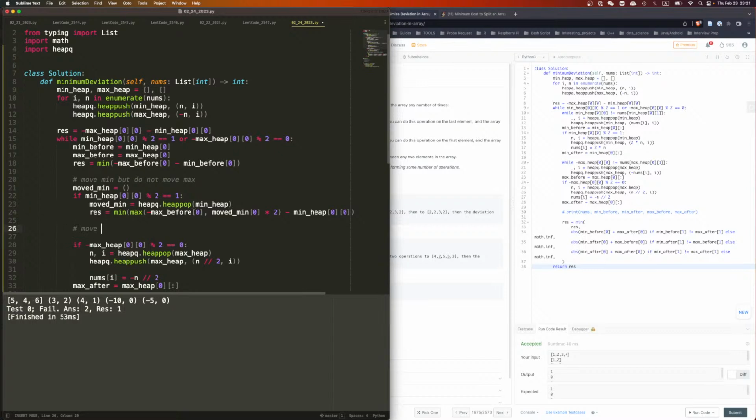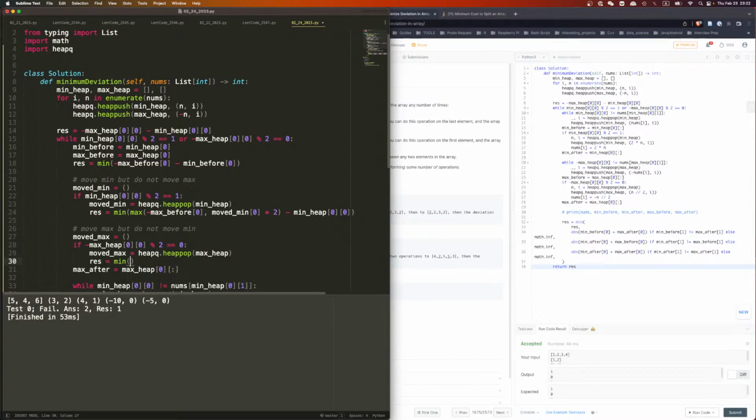Then move max, but do not move min. Say move the max. So if this is equal to 0, then moved max equals this. Pop it out. Don't do anything. And we say res will equal to the minimum of min before.